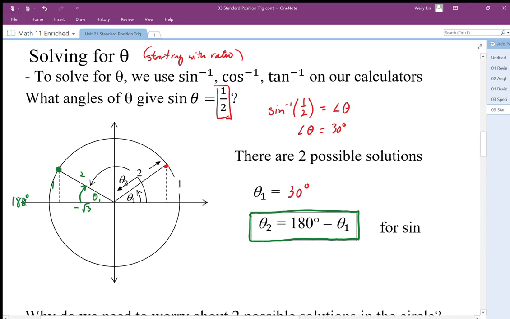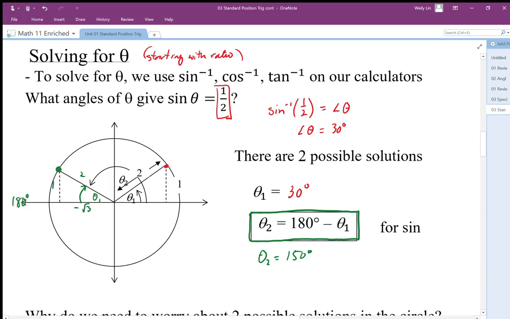If the quadrant is not specified, we have to give both answers. So the location of that second angle must be 150 degrees. We can work that out by using the symmetry of the diagram: if this is 30, this is 30, that must be 150 degrees.